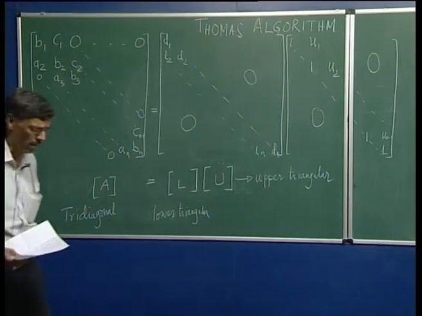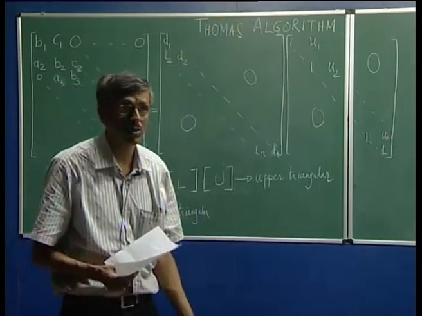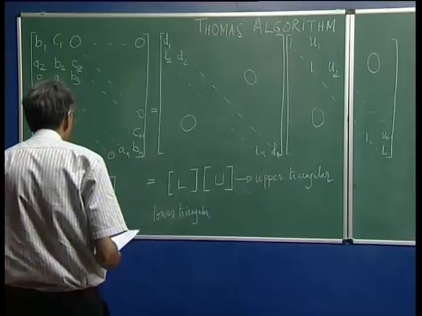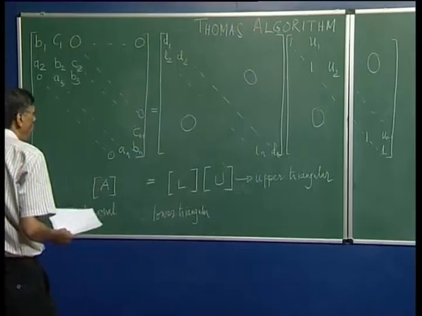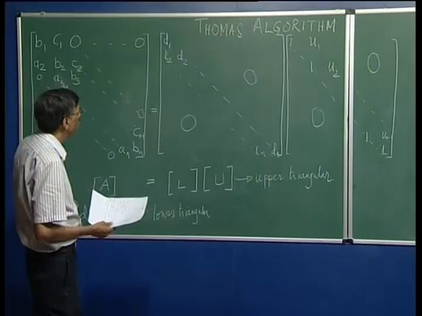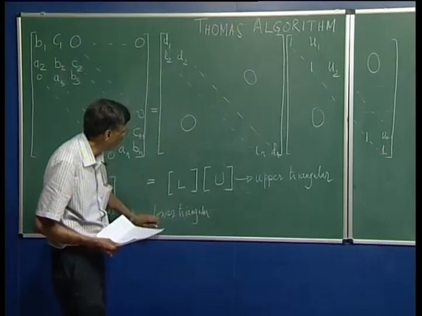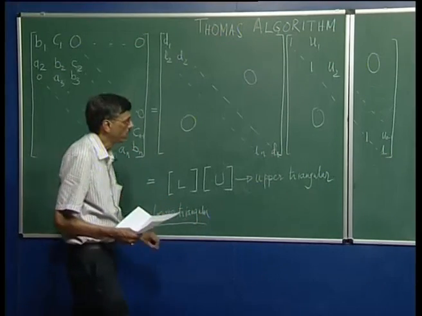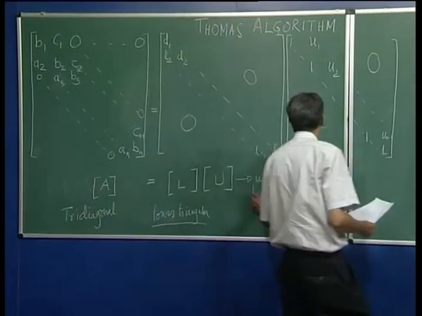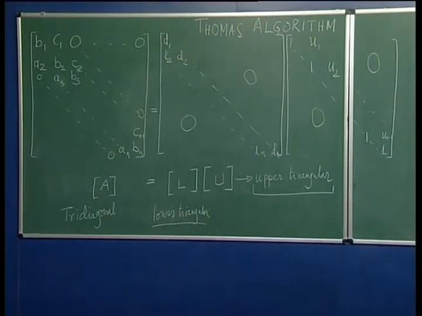One of the ways in which this matrix equation can be easily solved is by decomposing this tridiagonal matrix into a product of a lower triangular matrix times an upper triangular matrix given by this.